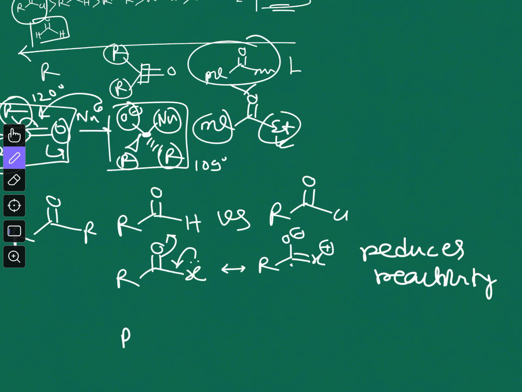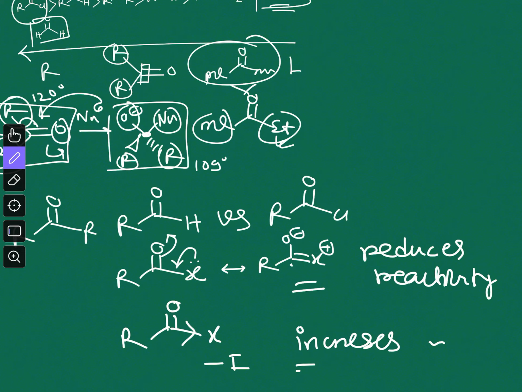The second effect is the inductive effect. The X atom, it may be nitrogen, oxygen or chlorine, will have a minus I effect. So it increases the reactivity. So two factors are there: one reduces the reactivity, another increases the reactivity.